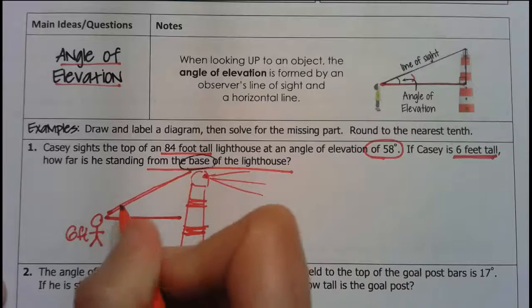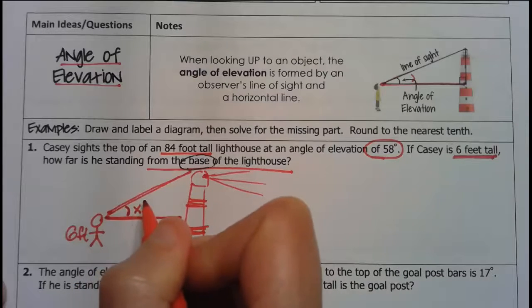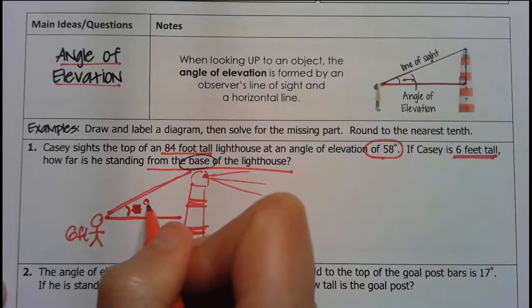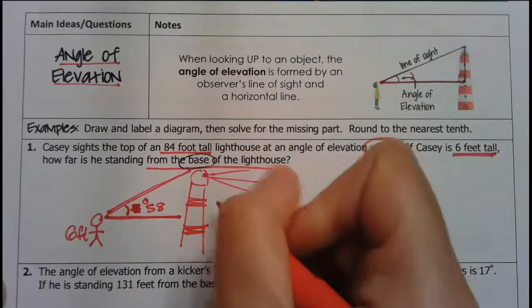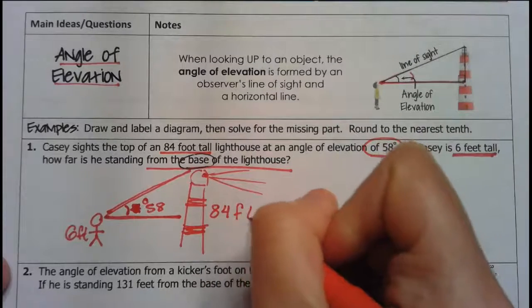Right? So I'm looking up. So this is going to be the angle that I am looking at. And we know that we are looking at an angle of 58 degrees because that was what was told to us.